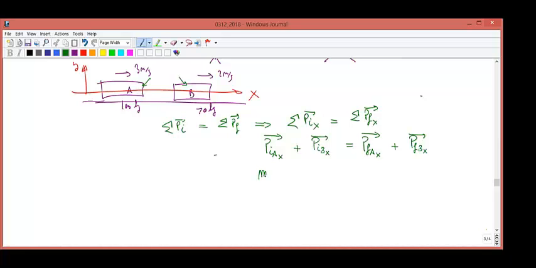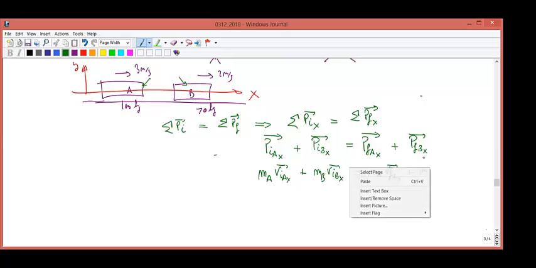Therefore, I have MA, V initial, AX, plus MB, V initial, BX, equals MA, V final, AX, plus MB, V final, BX. Subscripts are crucial here.